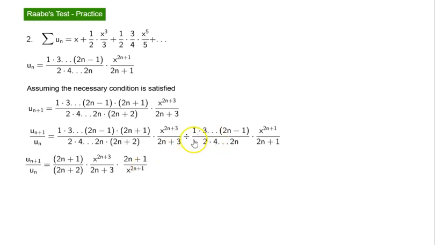So basically here, when we take the reciprocal of this and make it a product, then the even numbers will cancel out and odd numbers will cancel out.